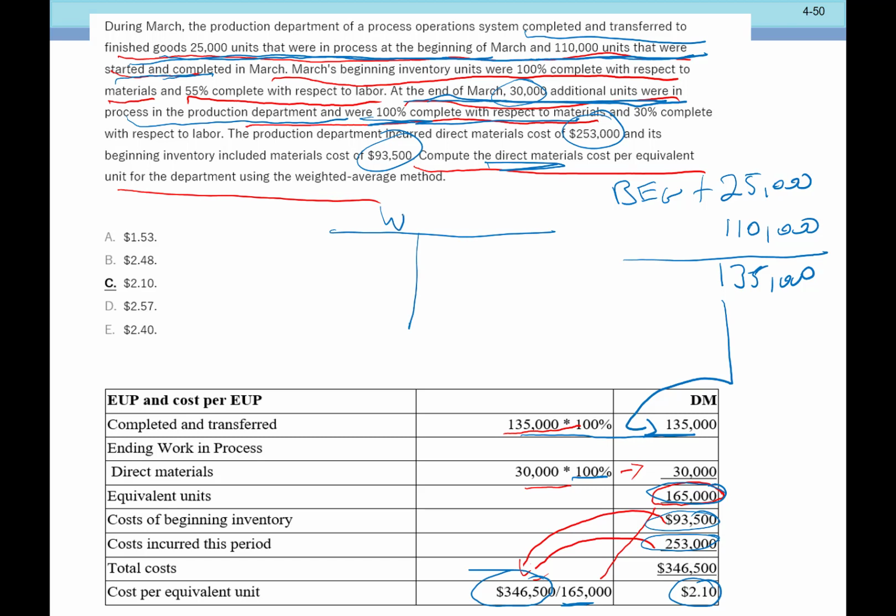So if I have work in process, and work in process has at the beginning a cost of 93,500, and then I add 253,000 for the period.